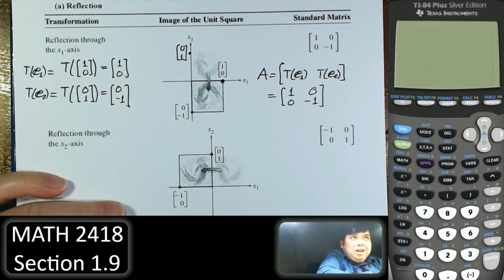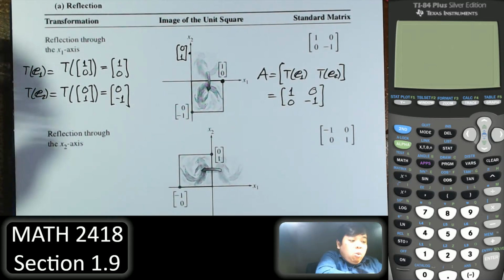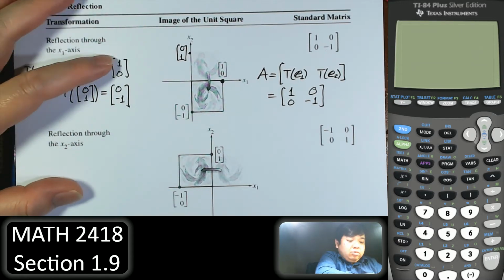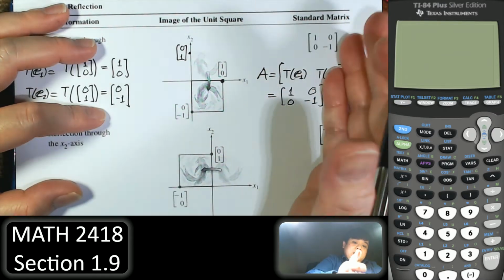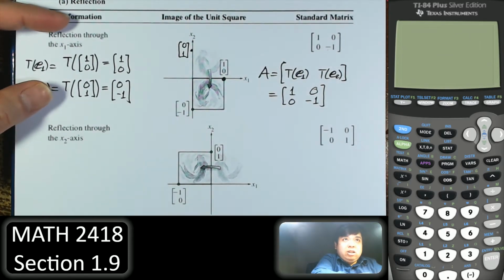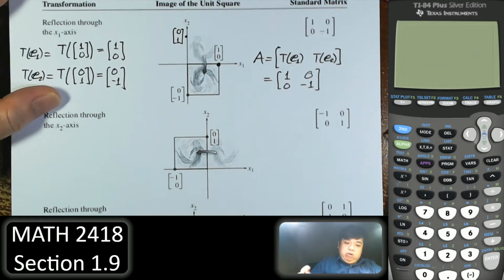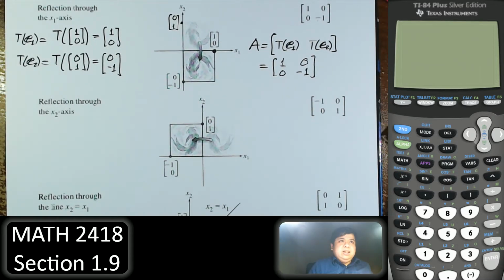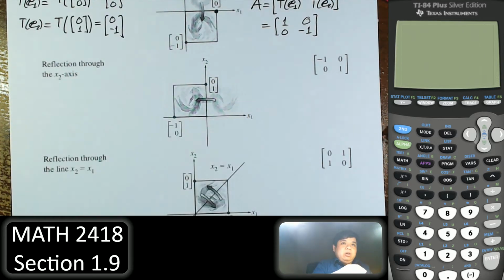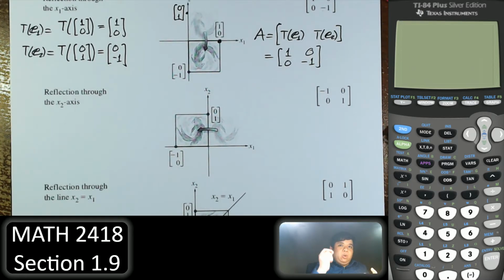So very simple. Just find what happened to the columns of the identity matrix that give us a vector, and then put them in a matrix. That is the matrix of the linear transformation. So it's very easy. We don't have to memorize any of this. Whatever we do, just find the transformation of those columns of the identity matrix, meaning 1, 0, 0, 1, or in 3 dimensions 1, 0, 0, 0, 1, 0, 0, 0, 1.